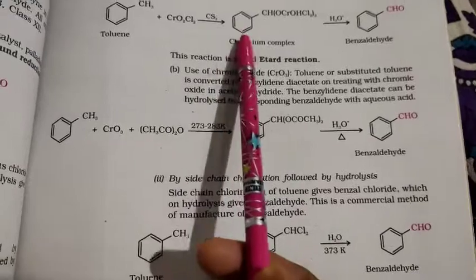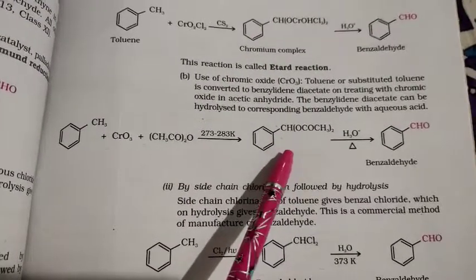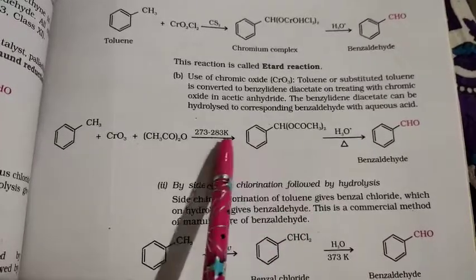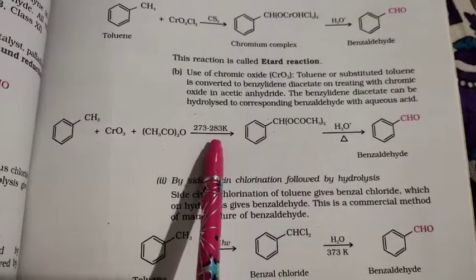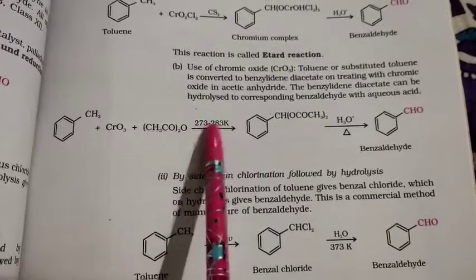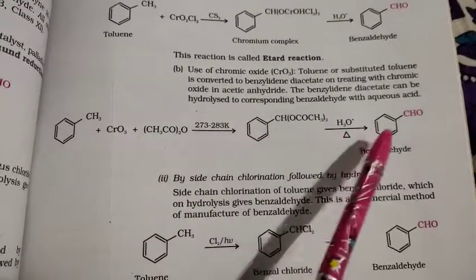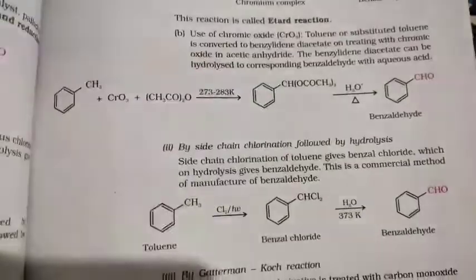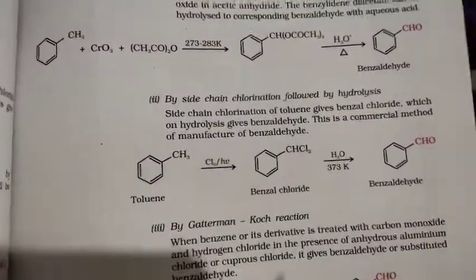You can skip the complex portion, but whatever reagent or reaction is going on, that you have to mention here. Because if you write only this part, then only this compound is formed, not this, right? That is why it is necessary to write all the important reagents used in the reaction.